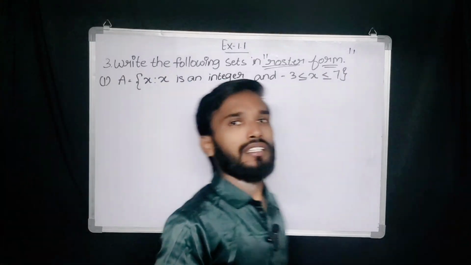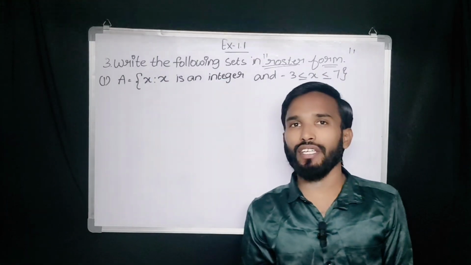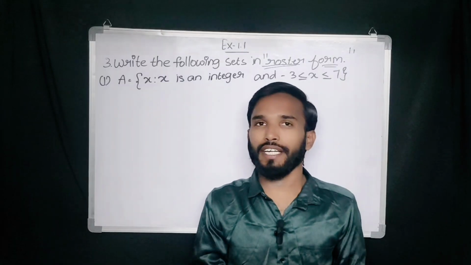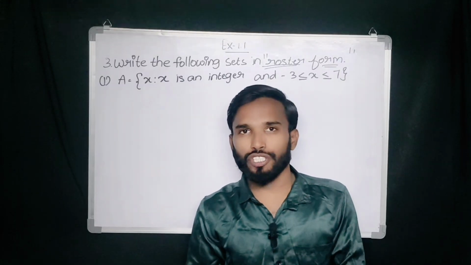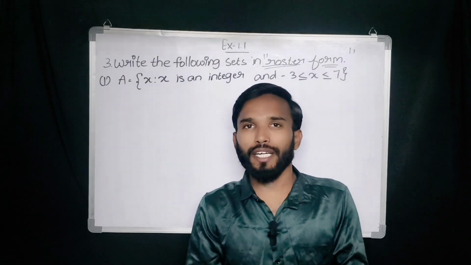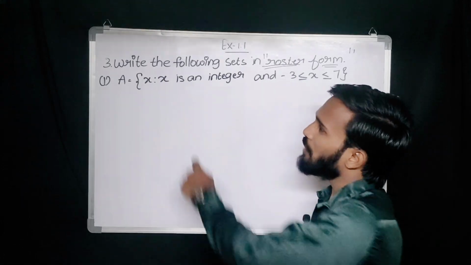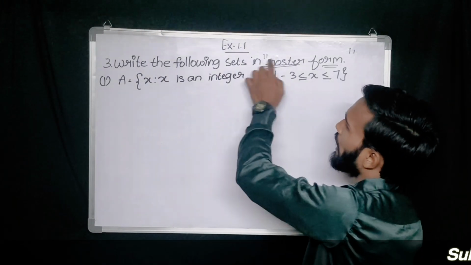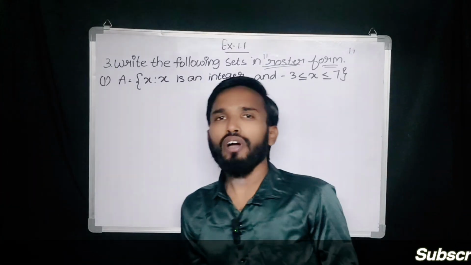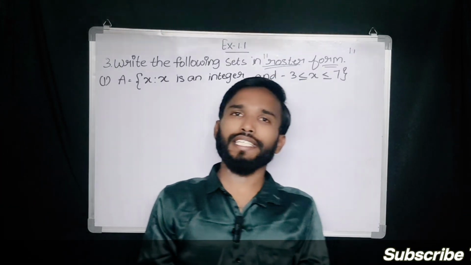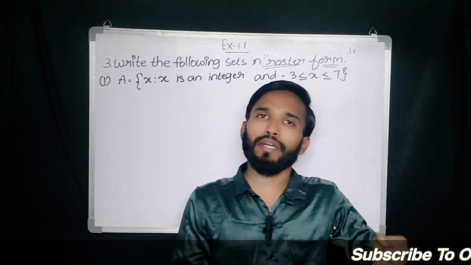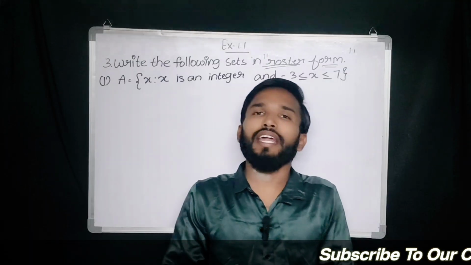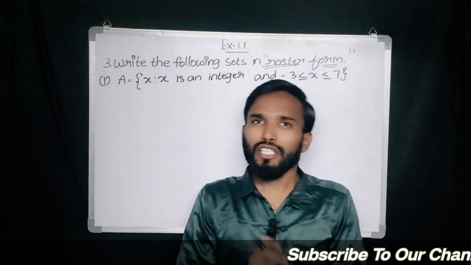As we learned in session 1, in the introduction video of sets, what the roster method and the set builder method are. Here they gave the set builder form and are asking us to write the given sets in roster form. Roster form is writing the elements separated by commas and enclosed within braces.